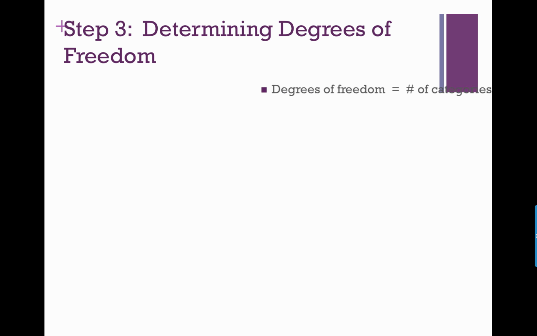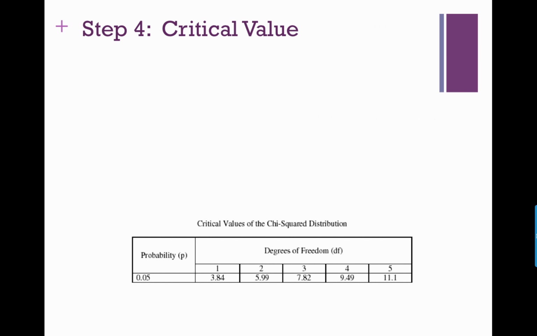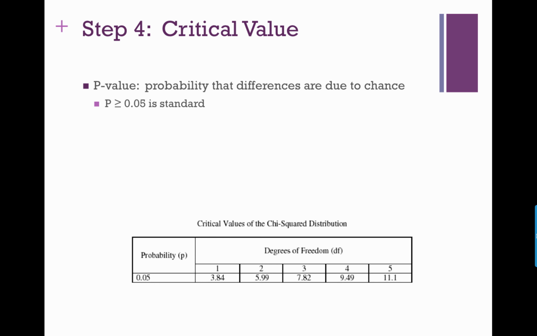Okay, the next step is to determine the degrees of freedom, and that's simply the number of categories minus 1. So for the example problem, we have 2 categories, green and yellow. So we have 2 minus 1 degrees of freedom, or 1 degree of freedom. Now I'm going to have a table that's going to give me my probability values and my degrees of freedom. The p-value is the probability that the differences are due to chance.